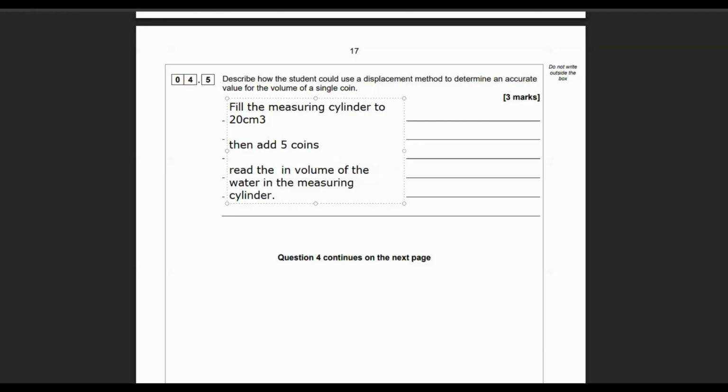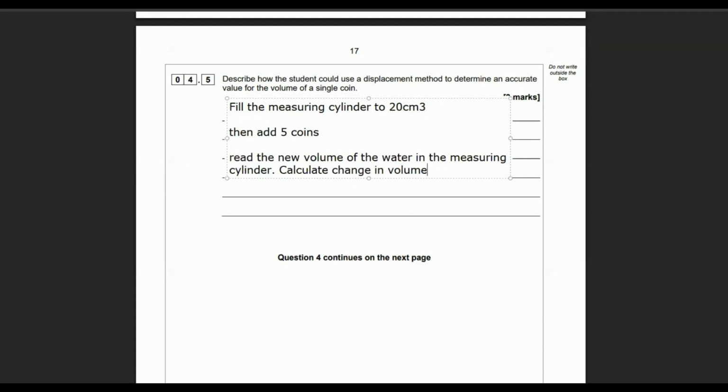So let's say read the new volume of the water in the measuring cylinder, calculate change in volume, so if it was 20 and it went up to 30, we would do 30 minus 20. There's been a change of 10 centimeter cubed.